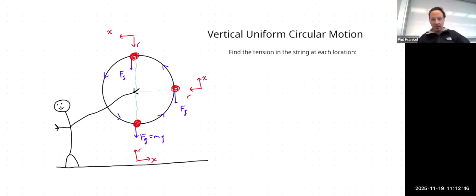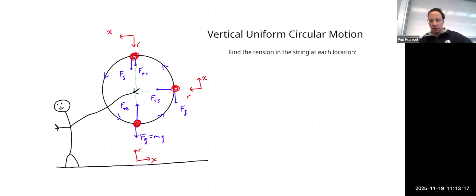I'm going to label this F_TS for the tension force at the side, this F_TT for the tension force at the top of the circle, and this F_TB for the tension force at the bottom of the circle. We're not assuming here that the tension force will be the same at all three locations. That's why I'm using different subscripts.